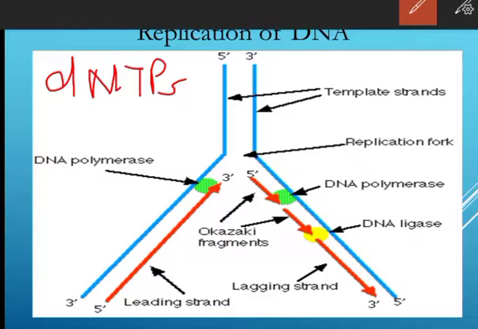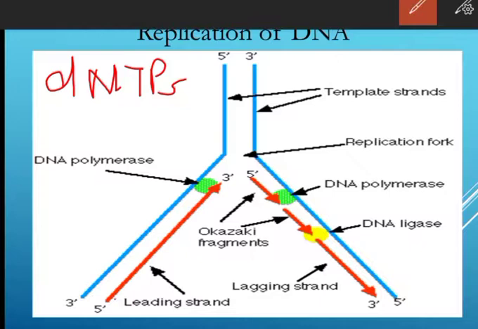Now, DNA-dependent DNA polymerases catalyze polymerization only in one direction, that is 5' to 3'. This brings additional complications at the replication fork. Due to this, on one strand, that is the template with polarity 3' to 5', replication is continuous.